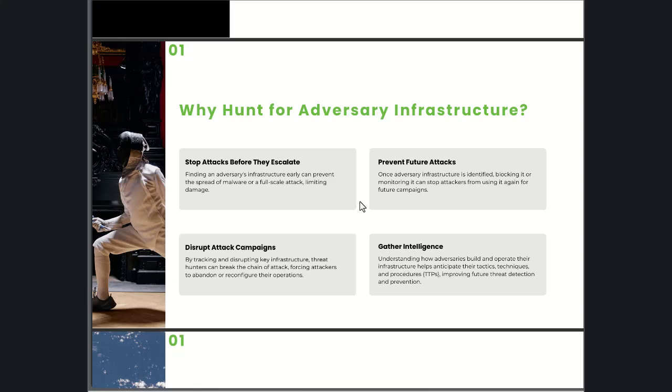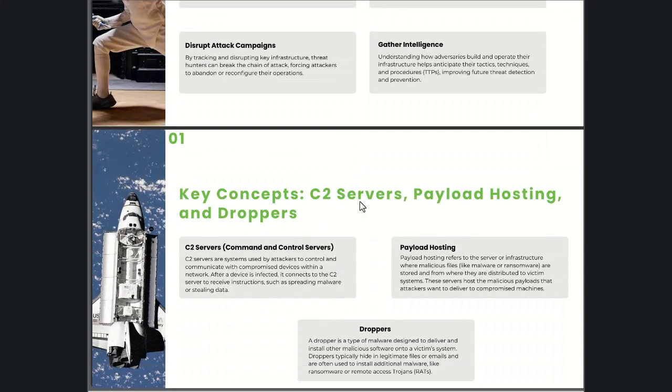Also, we can understand the attacker's TTPs: tactics, techniques, and procedures. In a future attack, if we see the same tactic, technique, or procedure, we may realize this attack was carried out by this country, by these jackal groups or spider groups. And we can build more rules and provide more defense mechanisms to prevent upcoming attacks.